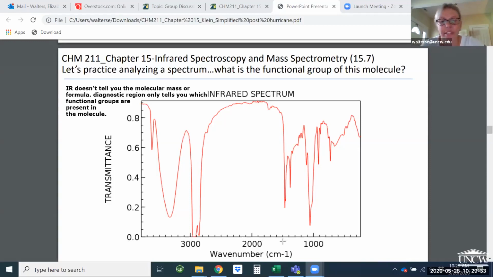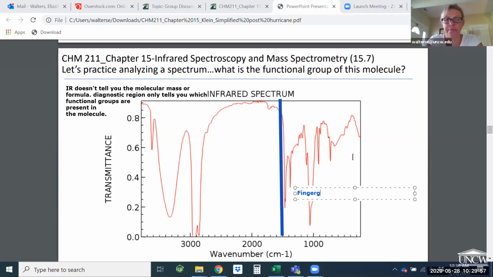Then you'd have to infer that if there are this many tick marks between 1,000 and 2,000, they each represent 100: 1,100, 1,200, 1,300, 1,400, 1,500. So I'd draw a big line here and say that what's going on over here is the fingerprint, which you can ignore.